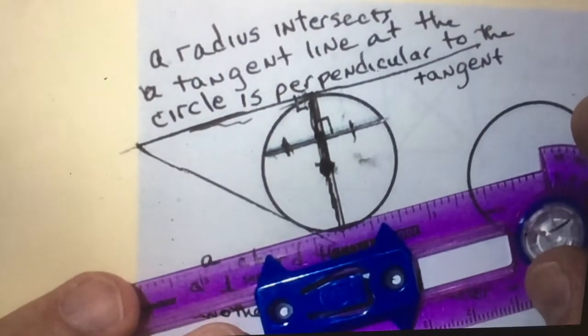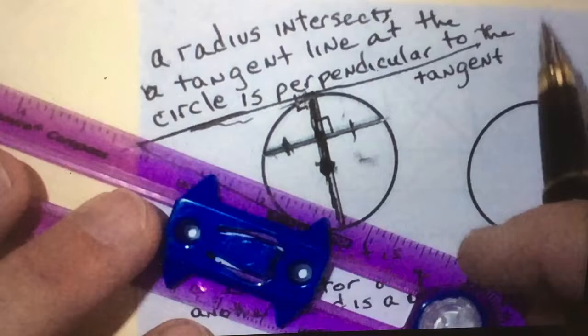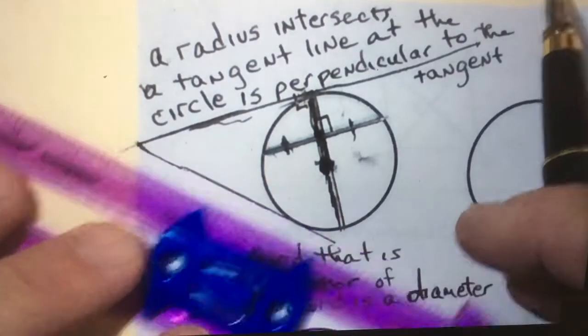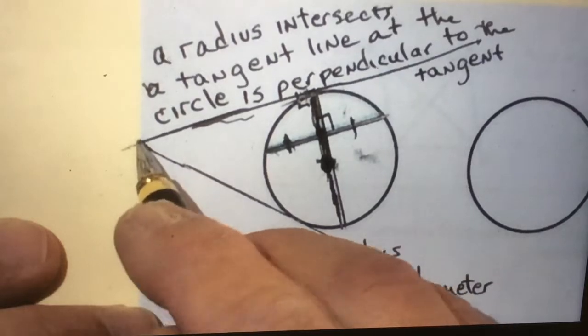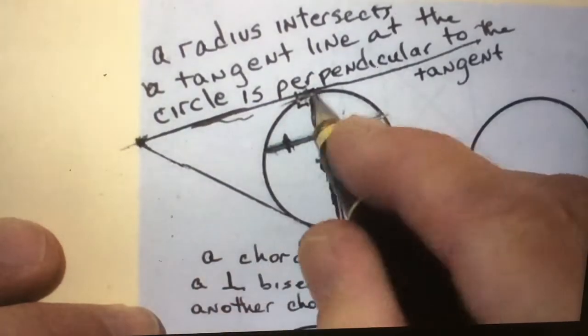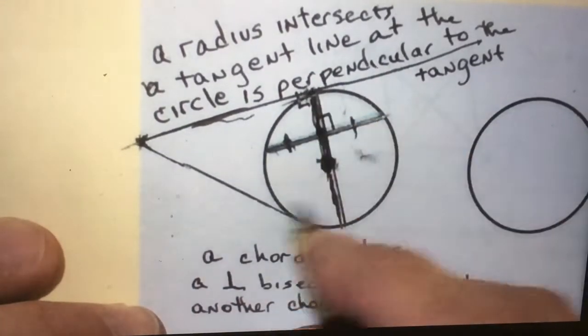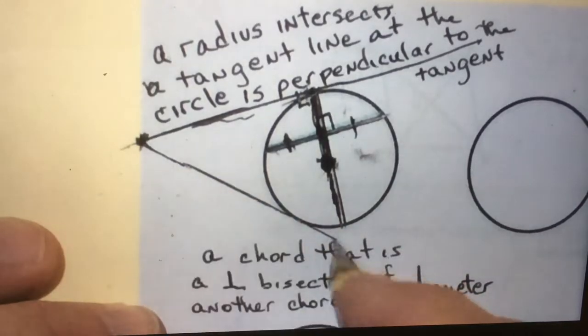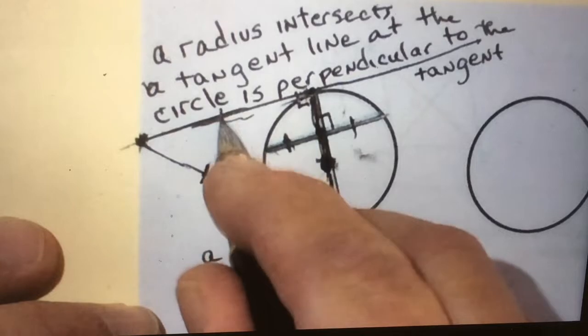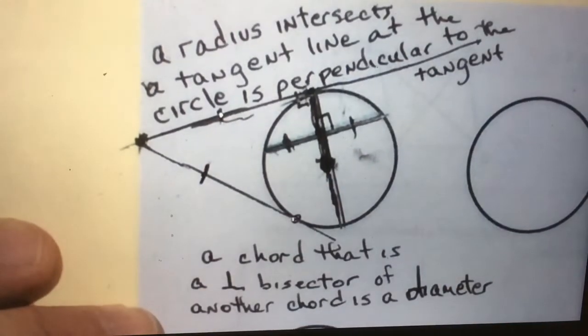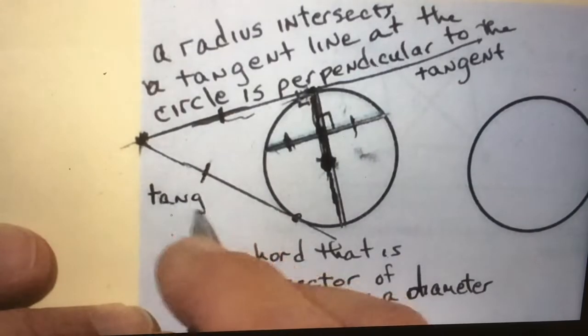If I had drawn one down here, they would have been parallel. But if they intersect, then the distance from the point of intersection to the point of tangency here, and from the point of intersection to the point of tangency here, are equal. These two segments are congruent. I'm going to call these tangent segments.